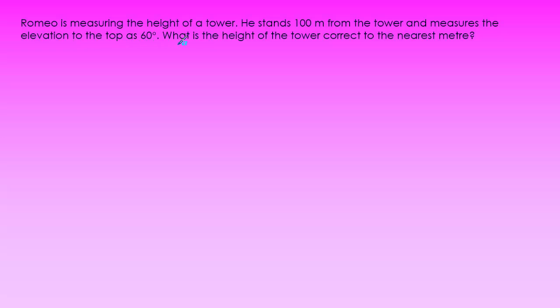Romeo is measuring the height of a tower. He stands 100 meters from the tower and measures the elevation to the top as 60 degrees. What is the height of the tower correct to the nearest meter? So let's say that Romeo is here. We're not told how tall Romeo is, so we're going to assume he's looking from ground level and that the tower is over here.